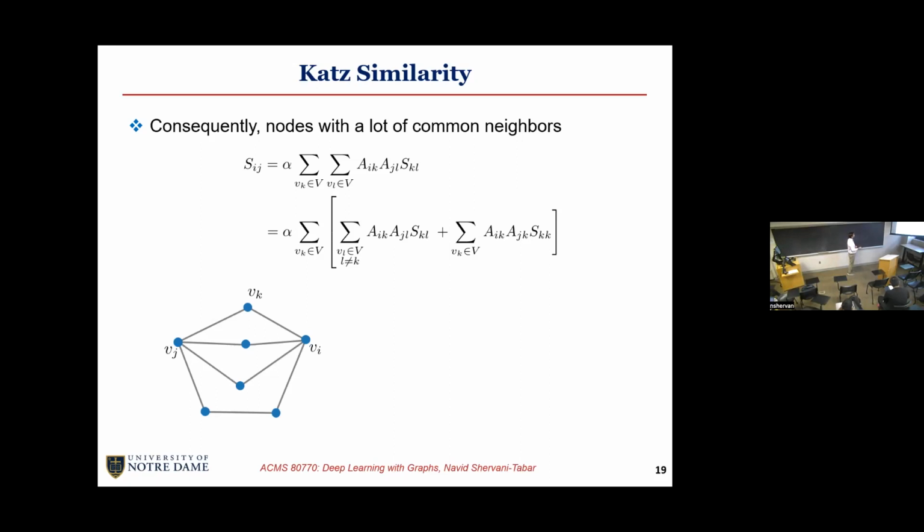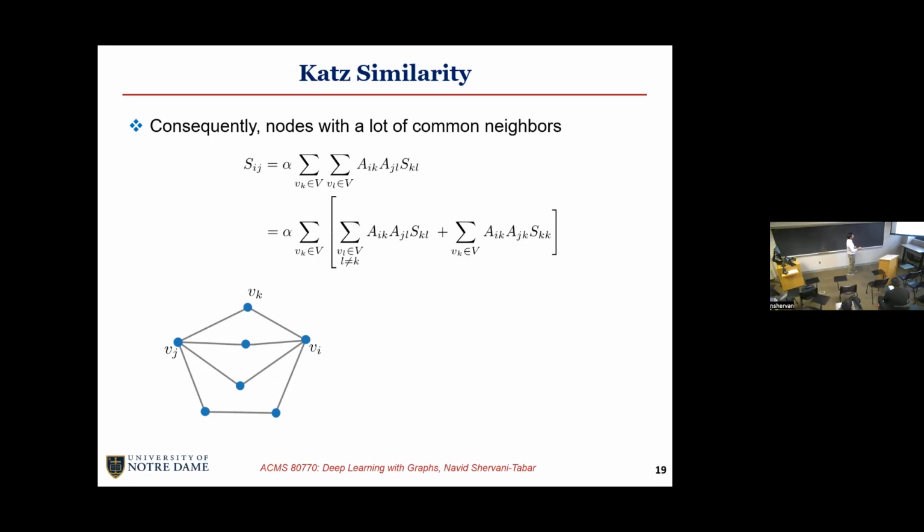Over here we have Vj and Vi that have 3 neighbors in common, and they have 2 other neighbors that they don't share, right? But they are connected to each other. So when we write our similarity measure equation here in mathematical notation, we can divide this sum.